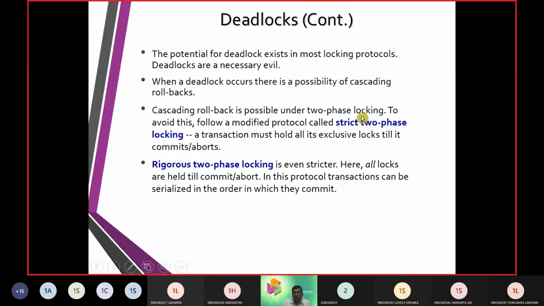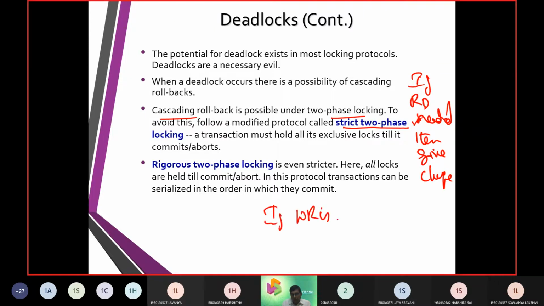Now, how can deadlocks be eliminated? One way is to avoid cascading rollbacks, so that plain two-phase locking is not used and strict two-phase locking is used instead. If a read is needed, then give the chance to multiple transactions.